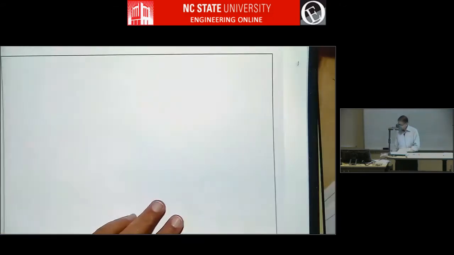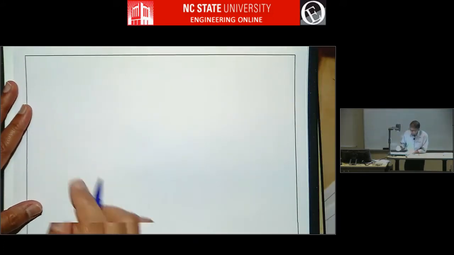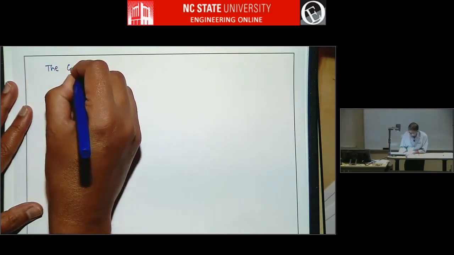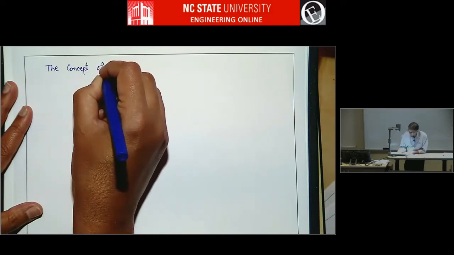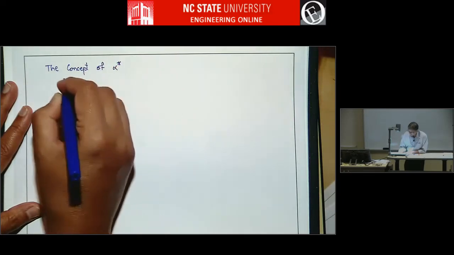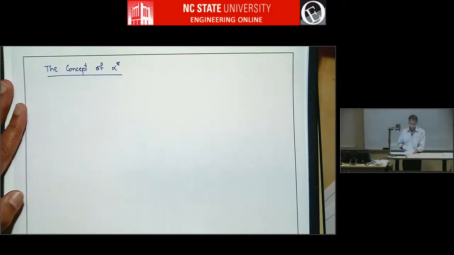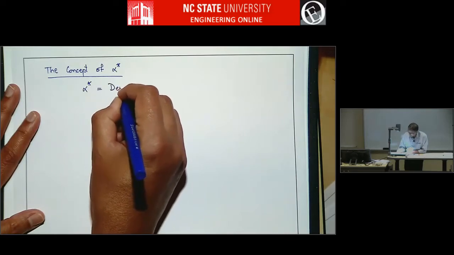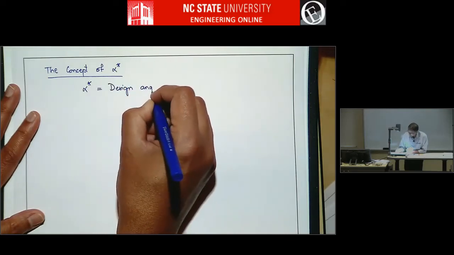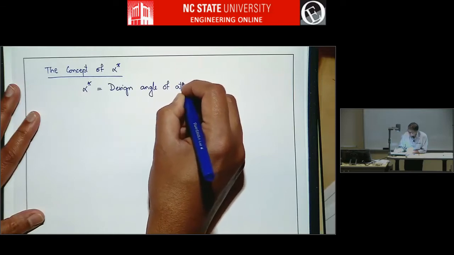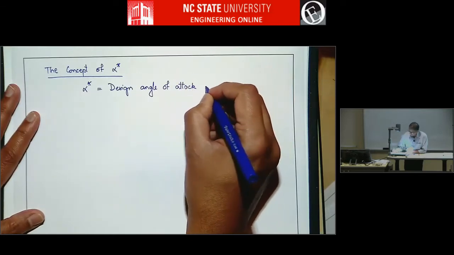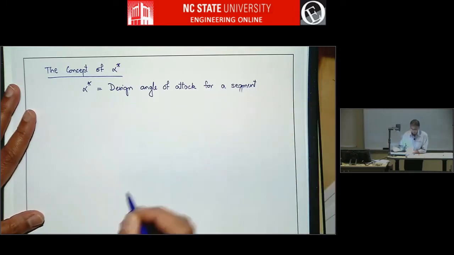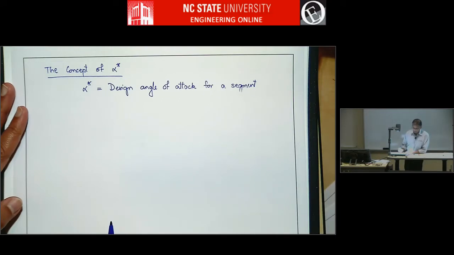The concept of alpha star. This is really the key behind multi-point inverse design. So alpha star is the design angle of attack for a segment.